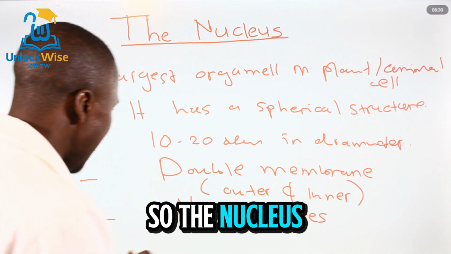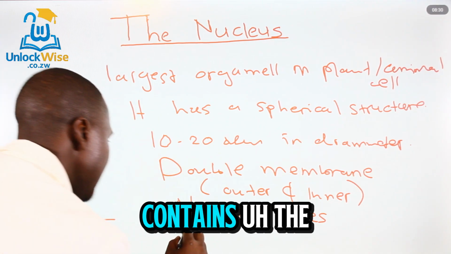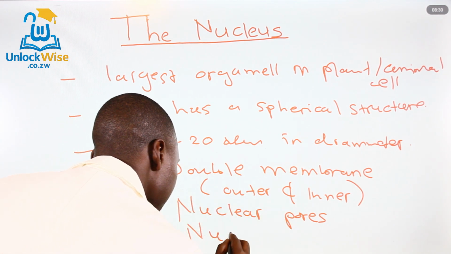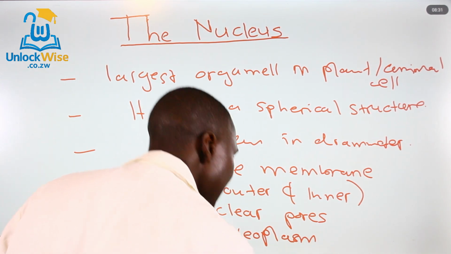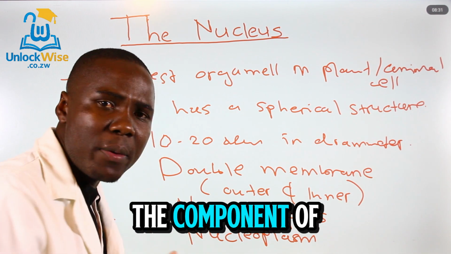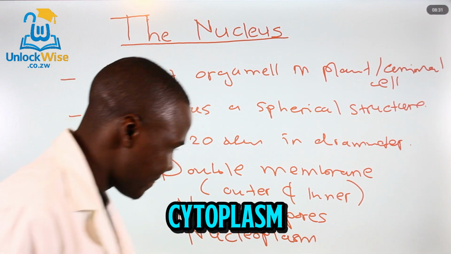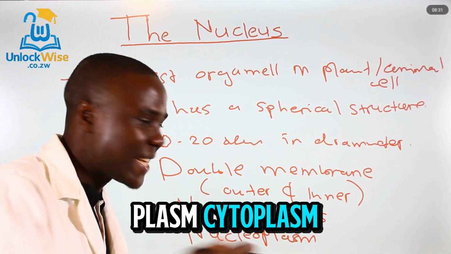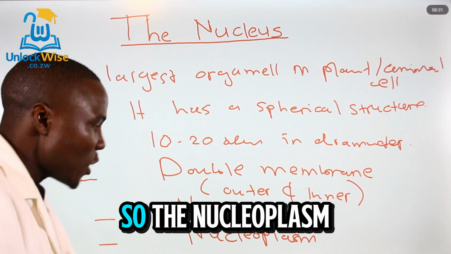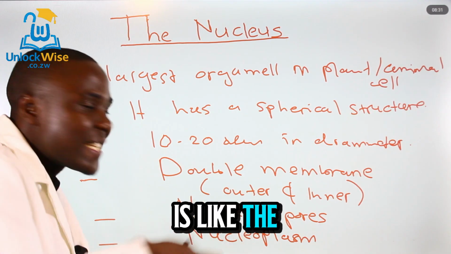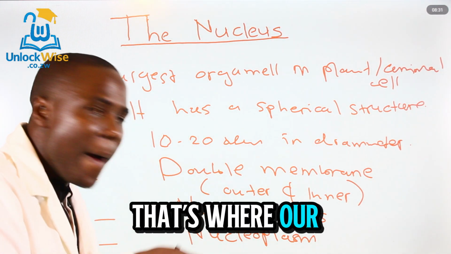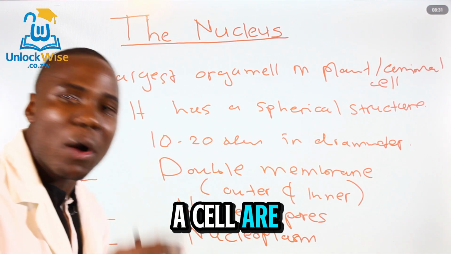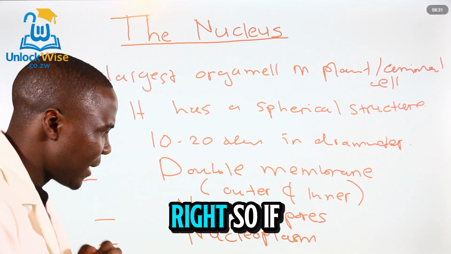So the nucleus also contains the nucleoplasm. Remember, a component of the cell called the cytoplasm. So the nucleoplasm is like the cytoplasm of the nucleus. That's where the main components of the nucleus are contained. Right?